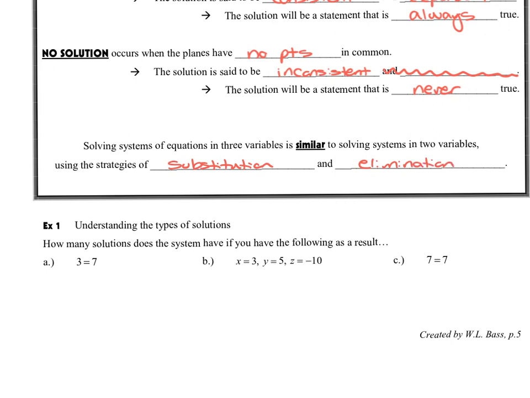Now, sometimes one method is better to use than the other, but either method is always available. It's just sometimes certain methods will introduce fractions, and no one really wants to have to do that.